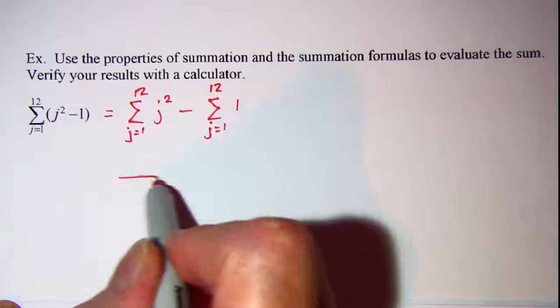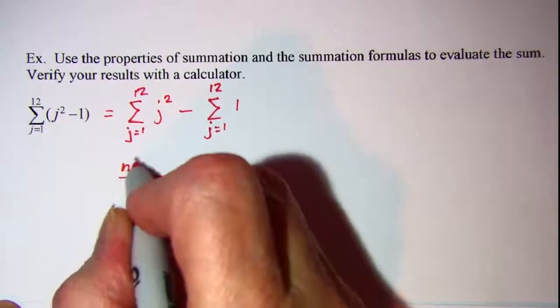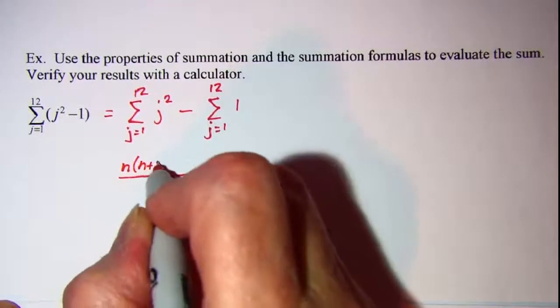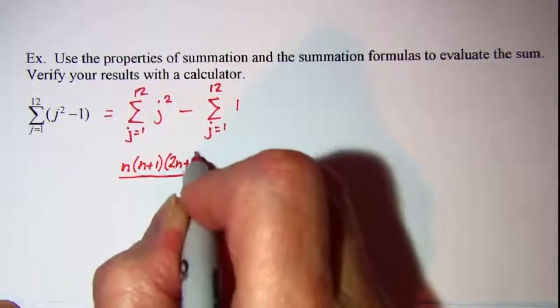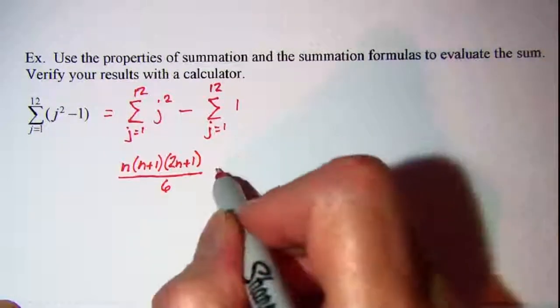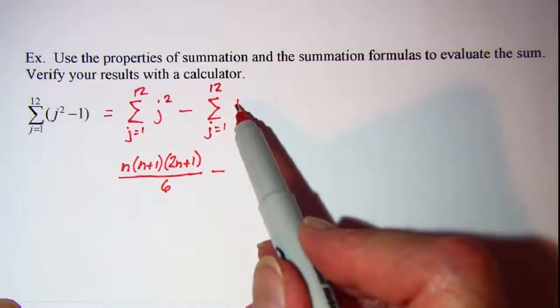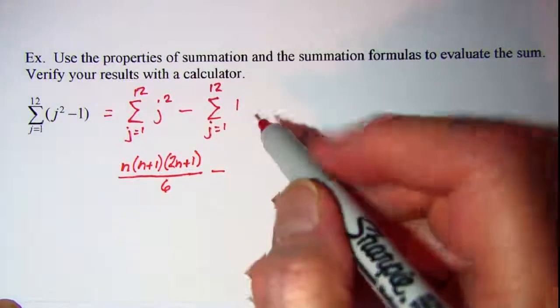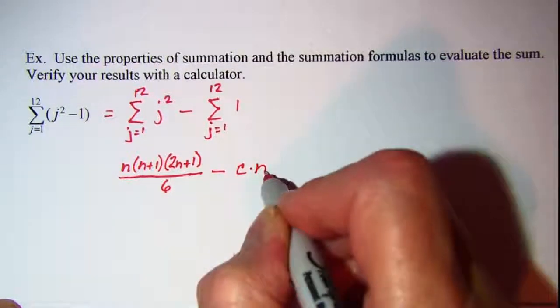So this one, I'm going to write the formula first. It's going to be n times n plus 1 times 2n plus 1 over 6. And then subtract. And then this one is our first formula, which says the constant times n.